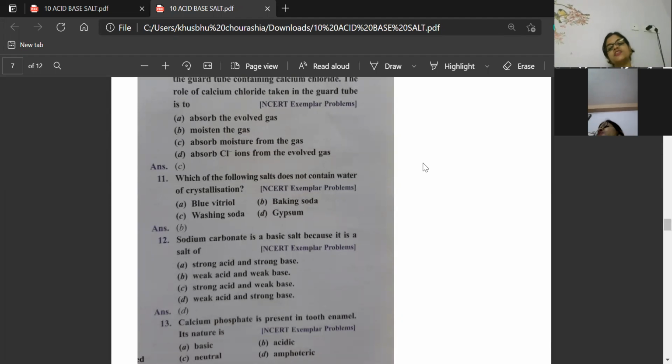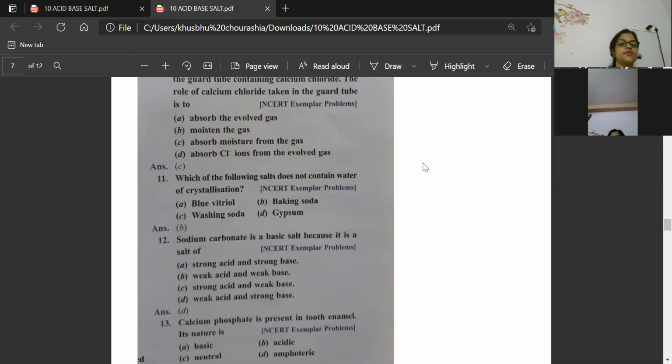Calcium phosphate is present in tooth enamel. Its nature is basic, acidic, neutral, or amphoteric?